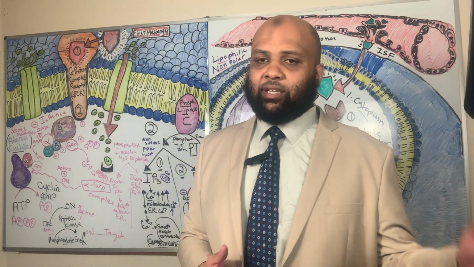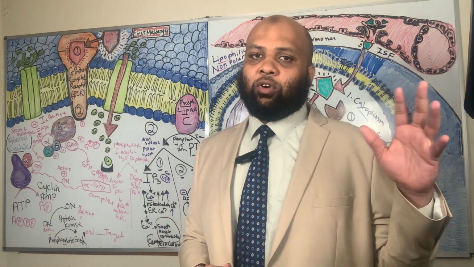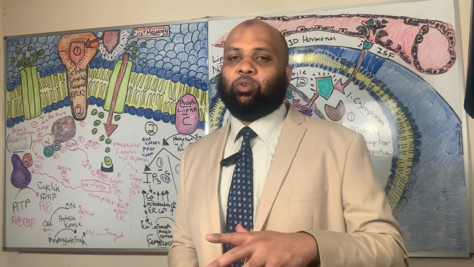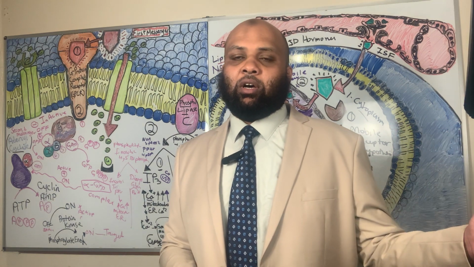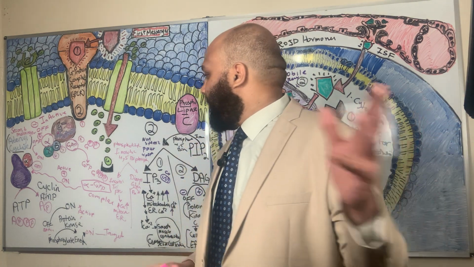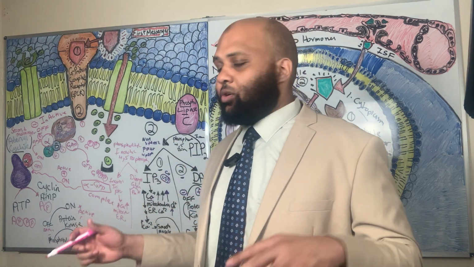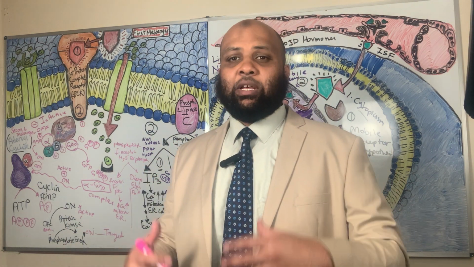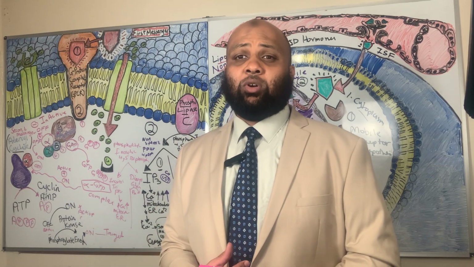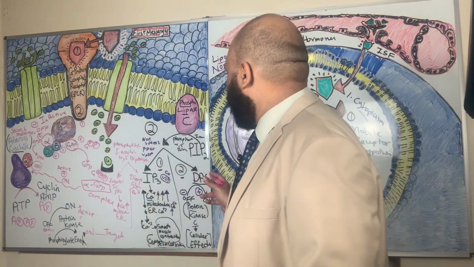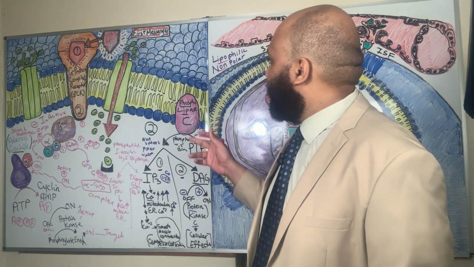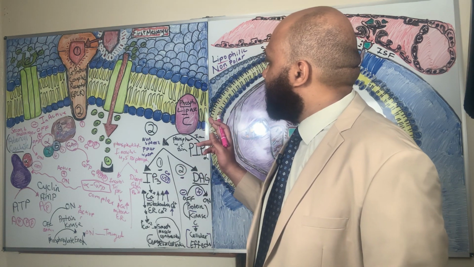Then adenyl cyclase is going to turn ATP into AMP. Then AMP is going to turn on protein kinases, and these protein kinases are going to phosphorylate some inactive enzymes, turning them into active enzymes, and then the active enzymes are going to give us our target proteins.